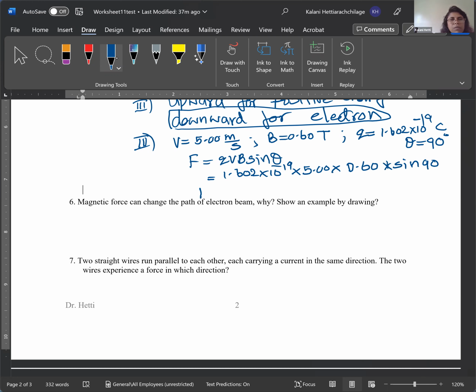Let's calculate. F will be around 4.8 times 10 to the negative 19. Magnetic force will usually be a very small value, right? And direction, as we discussed for the example, downward for electron.